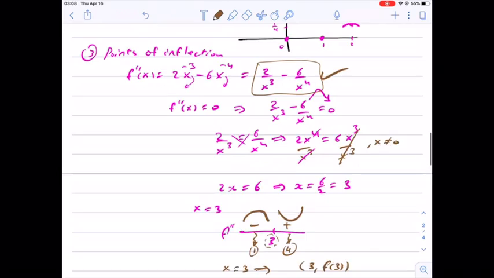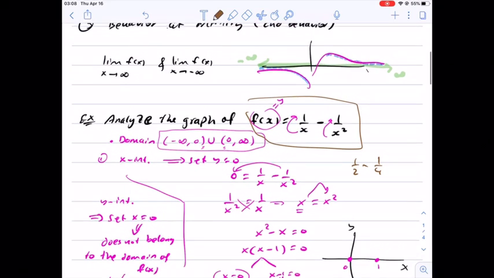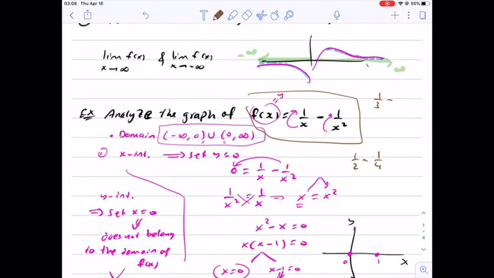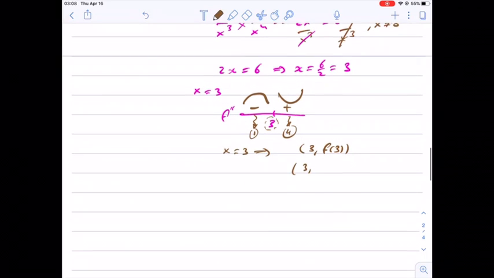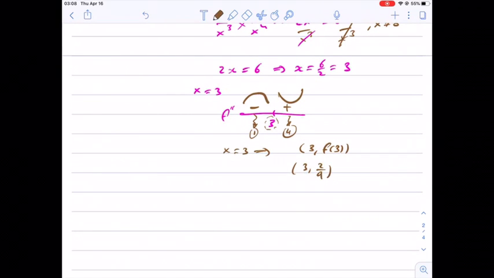The inflection point is 3 and f of 3. So 3 and what is f of 3? f of 3 is 1/3 minus 1 over 9. So multiply by 3, we get 2 over 9. So at 3, 2/9, we have a point of inflection.